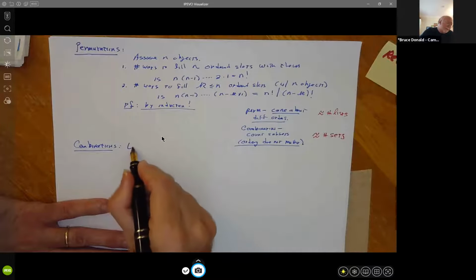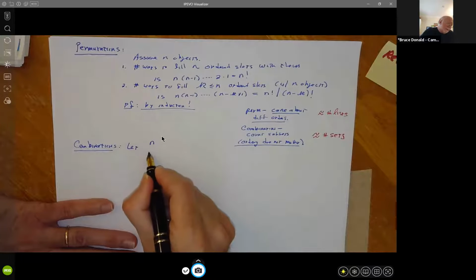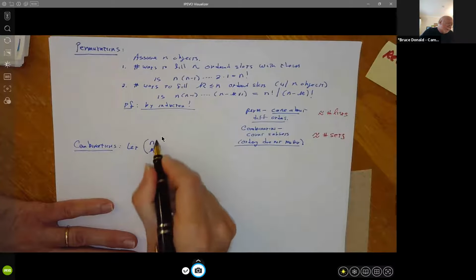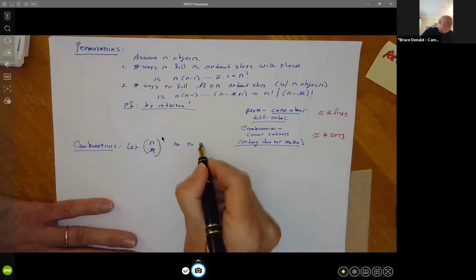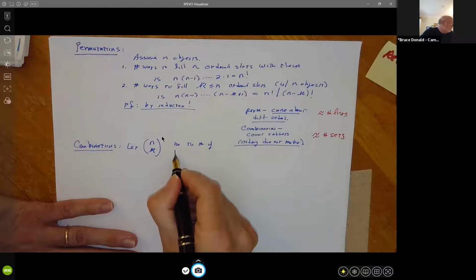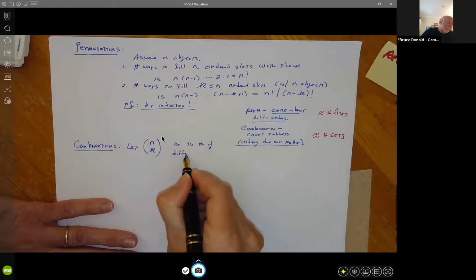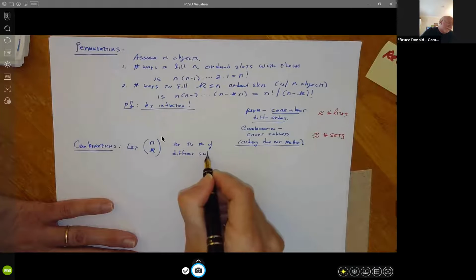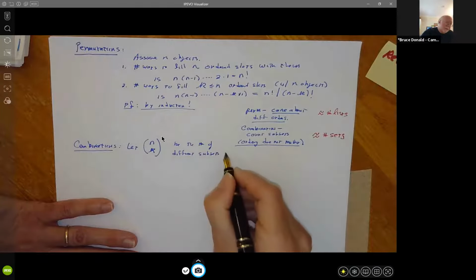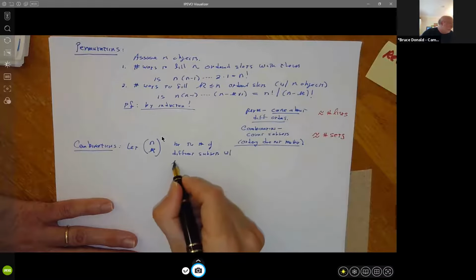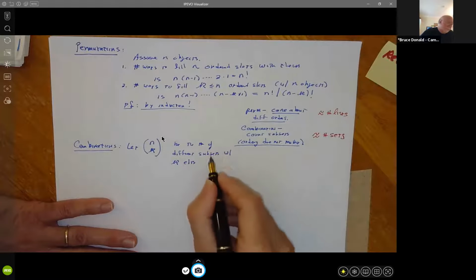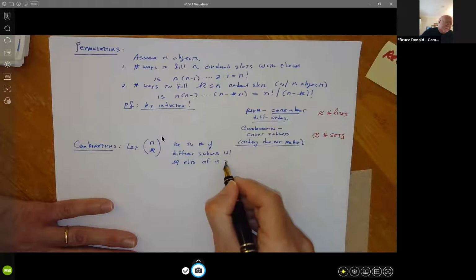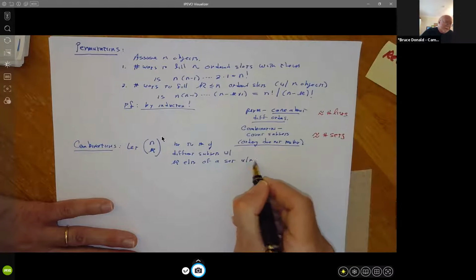I'm going to say let this strange beast here, this is pronounced n choose k, be the number of different subsets with k elements out of a set with n elements.